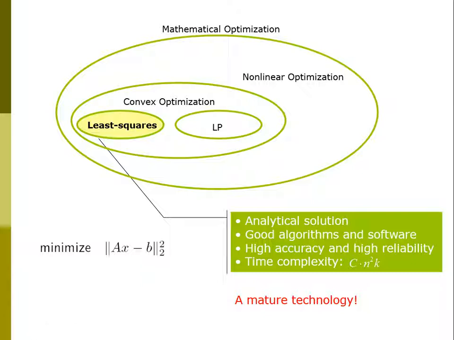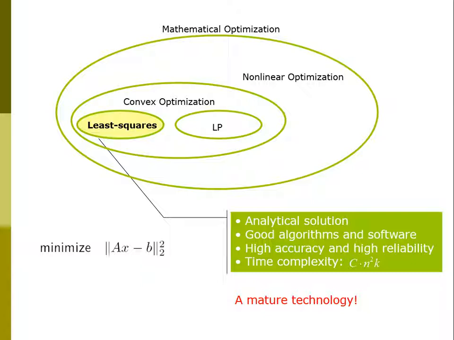There is an analytical solution. For least squares problems, the textbook by Stephen Boyd provides good algorithms for solving the problems to high accuracy and with high reliability. The least squares problem can be solved in a time approximately proportional to n squared multiplied by k, with a small constant.